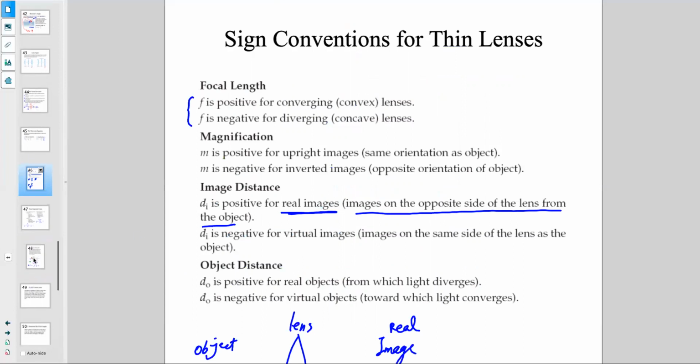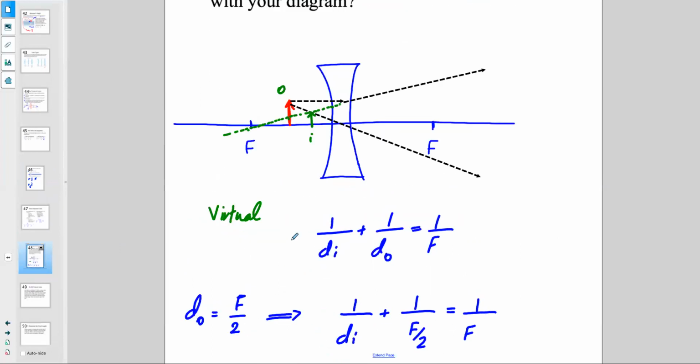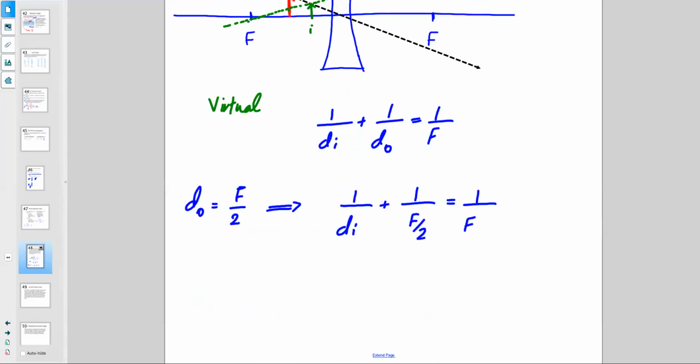So if I go back here, this di is negative because it is virtual. So what I have is there is a negative sign right here because our focal point is also negative, because of the concave lens.